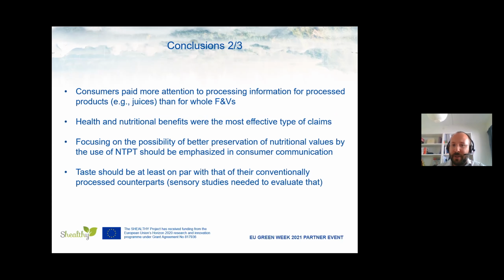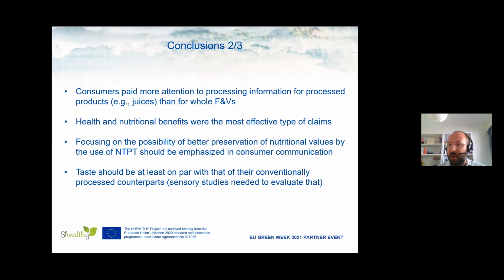Health and nutritional benefits are the most effective type of claim. And so the possibility of delivering on these benefits through non-thermal processing should be emphasized in consumer communication. However, taste was also a very strong driver of consumer choice. Also in the focus groups, people mentioned that they generally buy the fruit and vegetables that they like, or that their family likes.